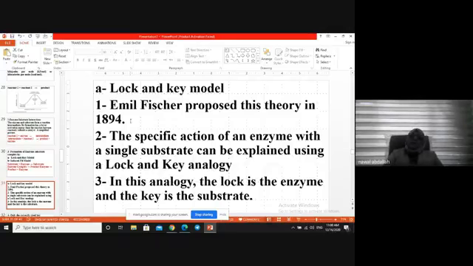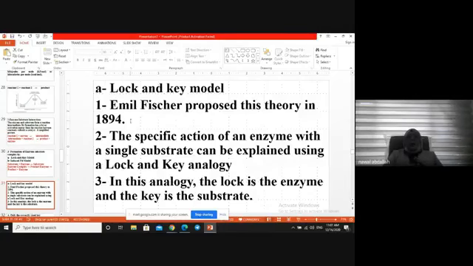This theory, or this model of the mechanism of enzyme action, was discovered in 1894 by Emil Fischer. This theory can also be named Emil Fischer's theory or Emil Fischer's model.